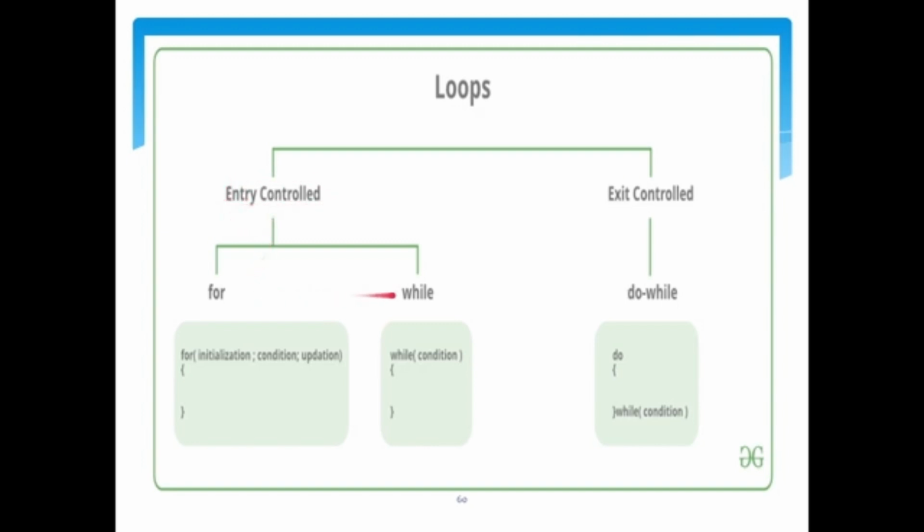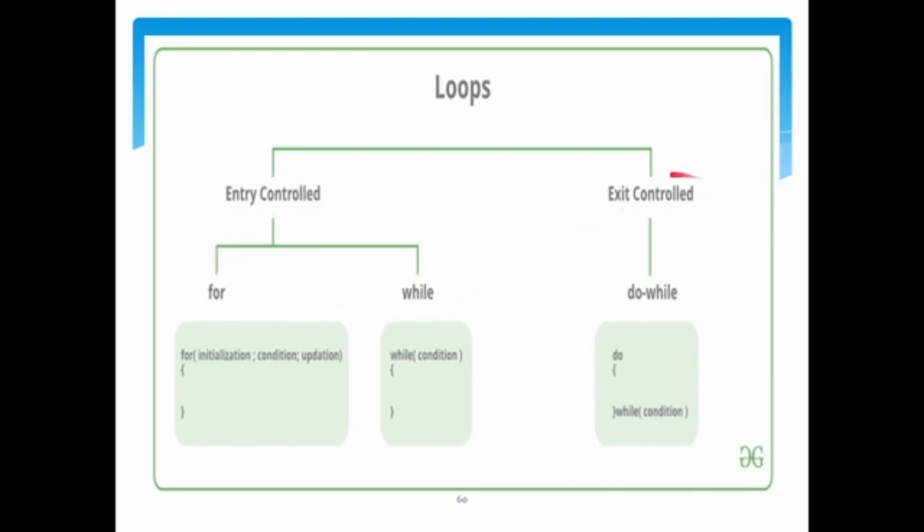For while loop, inside the parenthesis we give the condition, and after that the block of statements will get executed. In for loop also we give a condition, and if that condition is true, the block will get executed. So we are giving the condition at the start of the loop.